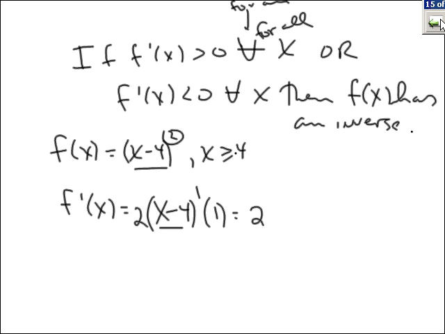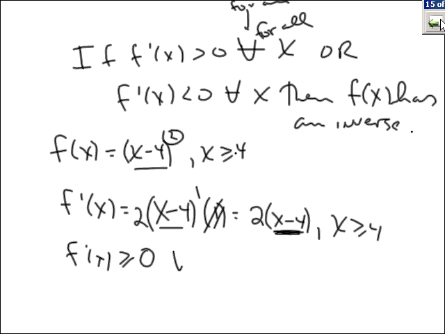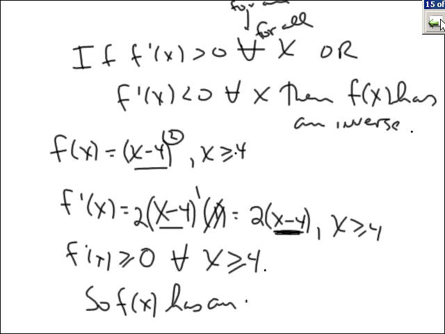So you get 2 times x minus 4, and you don't have to bother multiplying by 1. But remember, x is greater than or equal to 4. This will never be negative. So f prime of x is greater than or equal to 0 for all x at least 4. So f of x has an inverse.